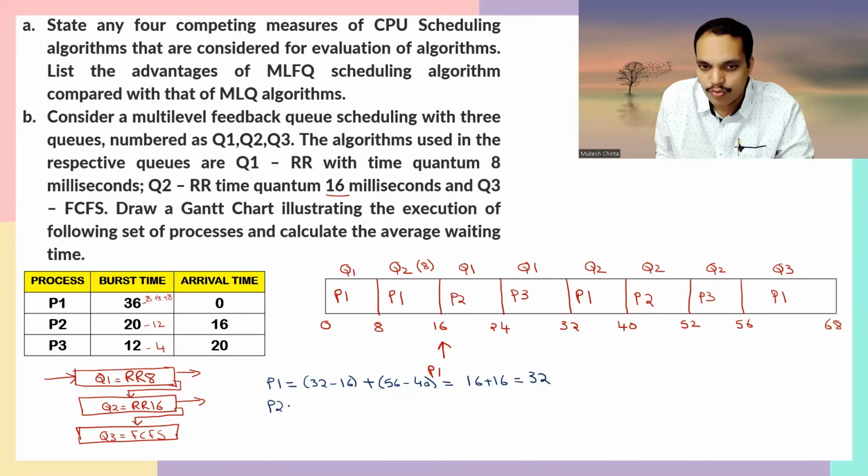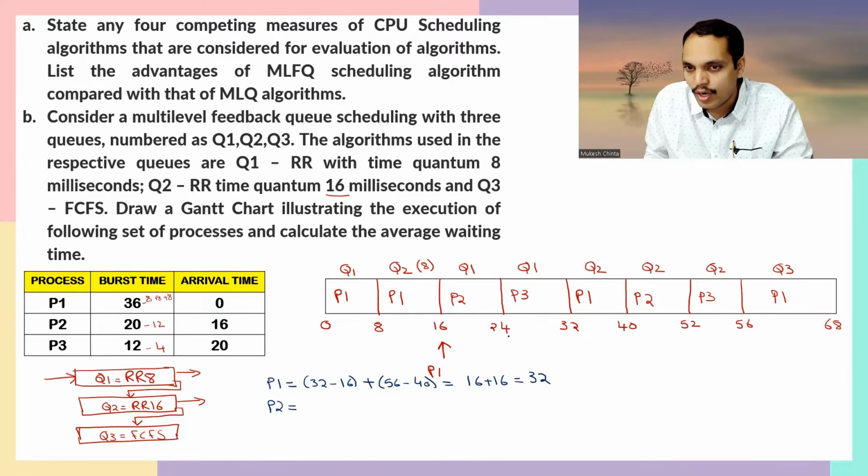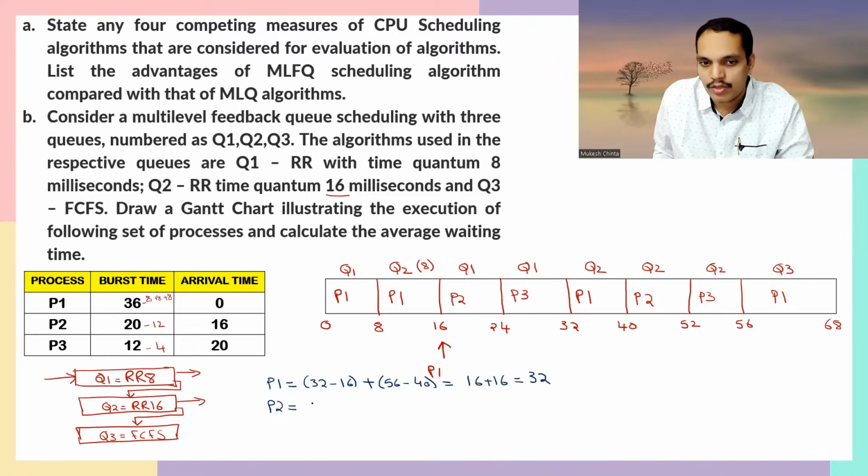What about P2? So you see here, P2 arrived into the queue at 16 and it is granted the CPU at 16. So it did not wait, it's 0 plus it exited at 24 and it re-entered at 40. So 40 minus 24, which gives me 16 again. Finally comes P3.